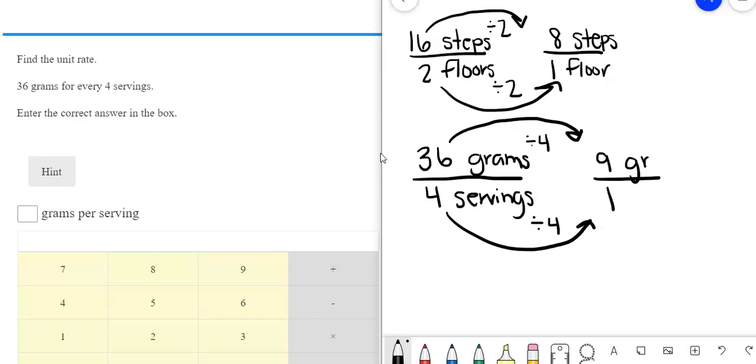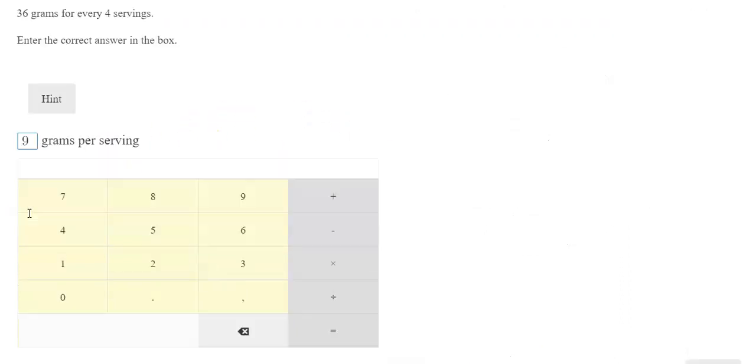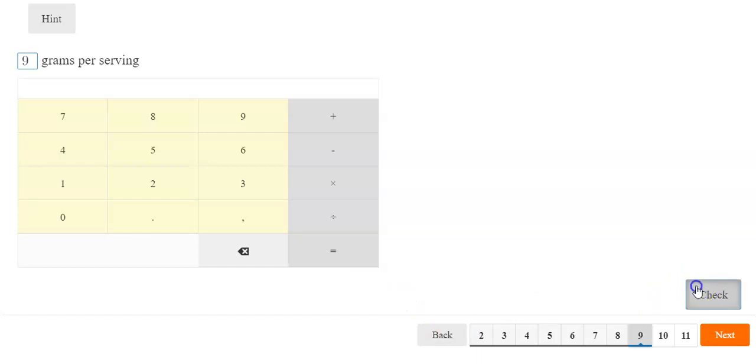So I have 9 grams per 1 serving. So this line, this division line right here, that stands for the word per. That's where we're getting that per over here. So 9 grams per serving.